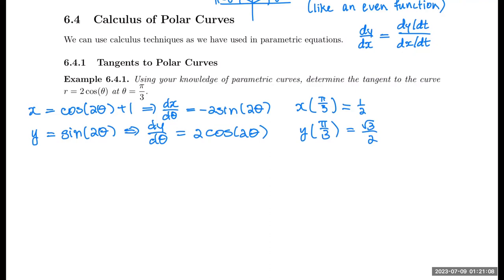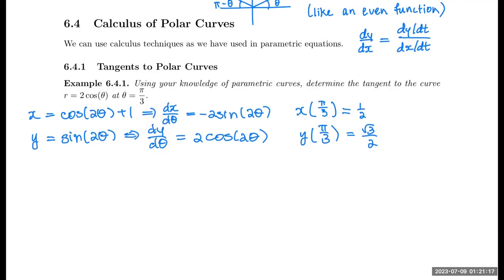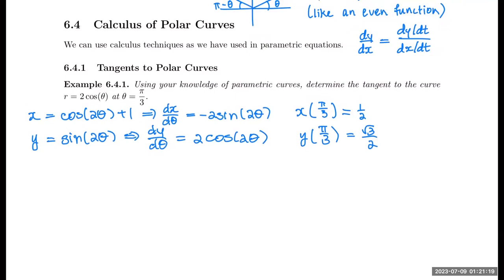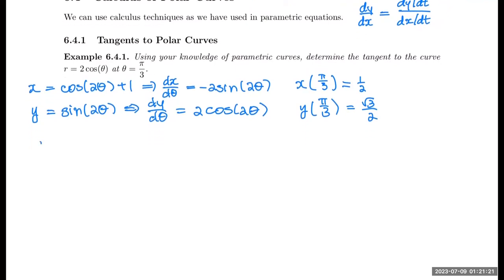So once we have dx divided by d theta and dy divided by d theta, we could go ahead and put this in, but in place of t, we use theta. So dy divided by dx: we put the dy first, which is 2 cosine 2 theta, then we divide this by negative 2 sine 2 theta.